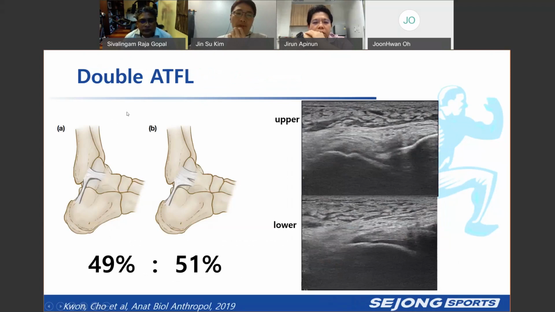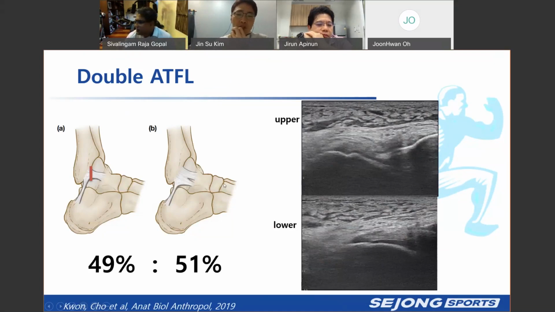Yes, nowadays we have the double ATFL theory. Not a theory; in Korean people, 50% have a double ATFL. A single ATFL tear makes a micro instability. It just makes a small rotational instability, so it does not need prompt operation.